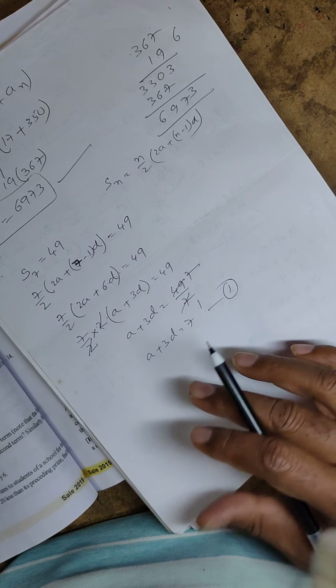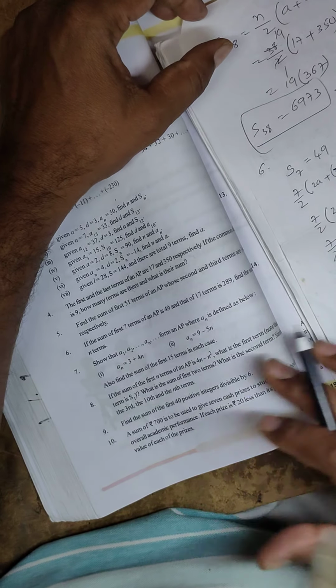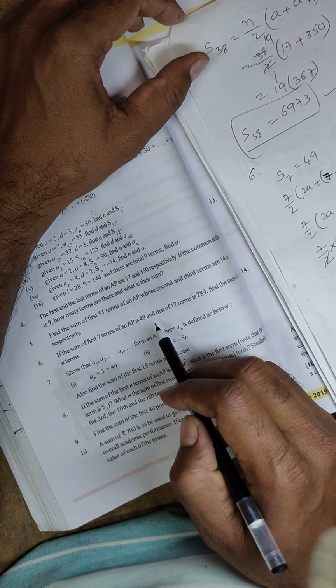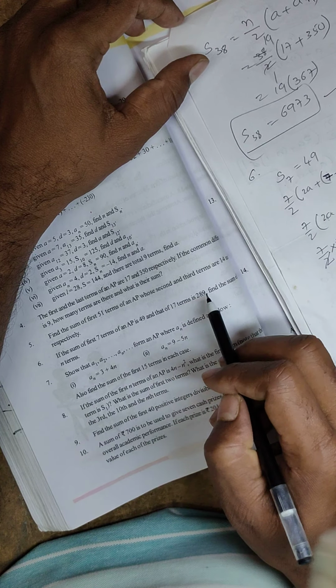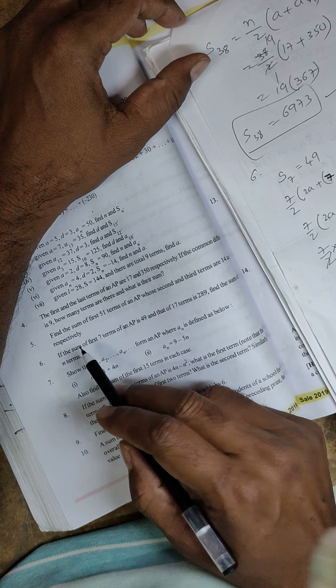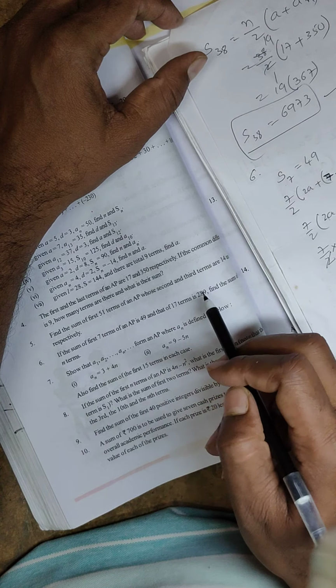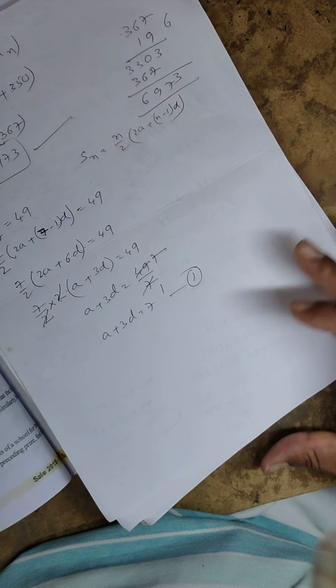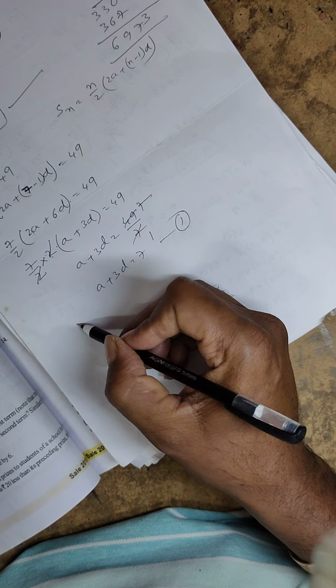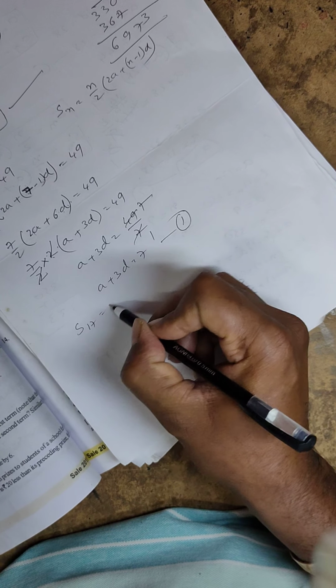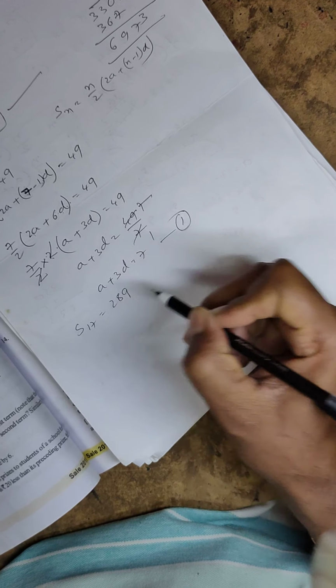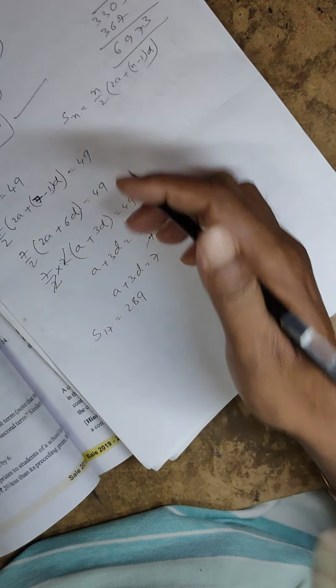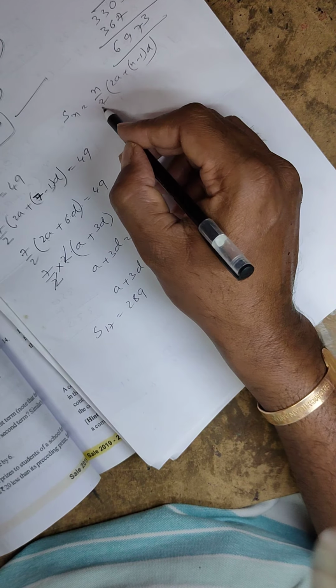Next we go for the other sum they have given: the sum of 17 terms is 289. So, S17 is equal to 289. Now again the Sn formula, same formula, n by 2.